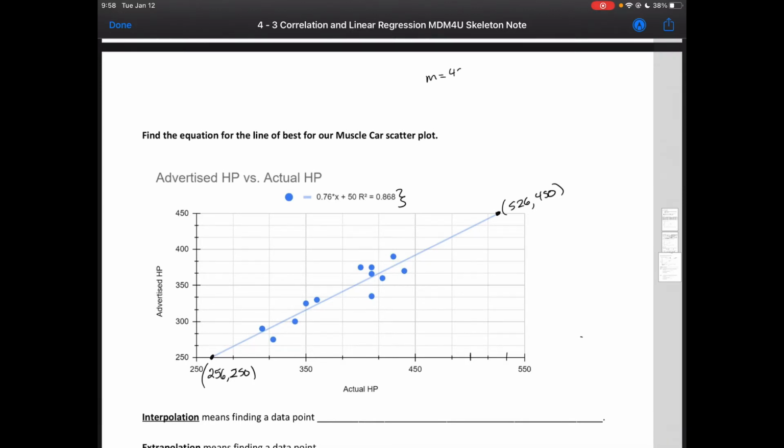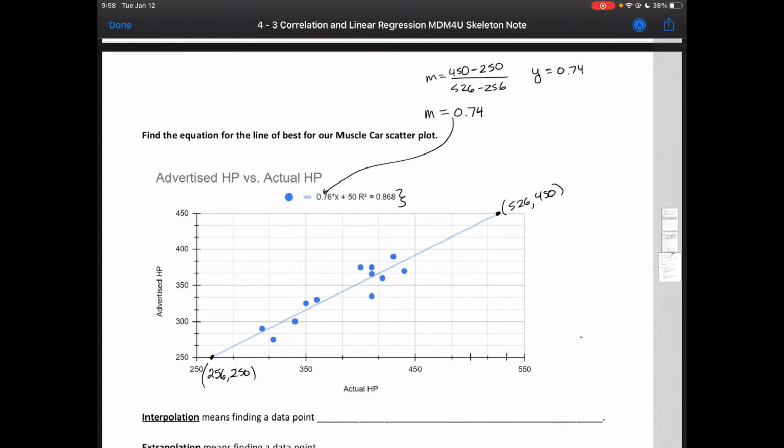The first thing we need to do is find our slope, which is y2 minus y1 over x2 minus x1. So my slope is 450 minus 250 divided by 526 minus 256, which is about 0.74, pretty close to this value right here.